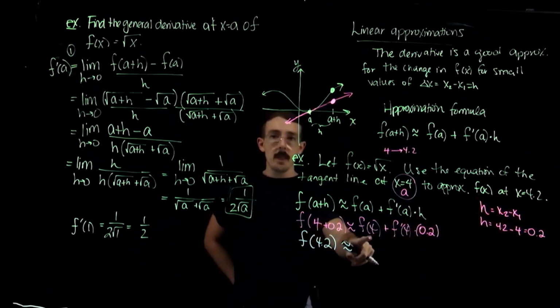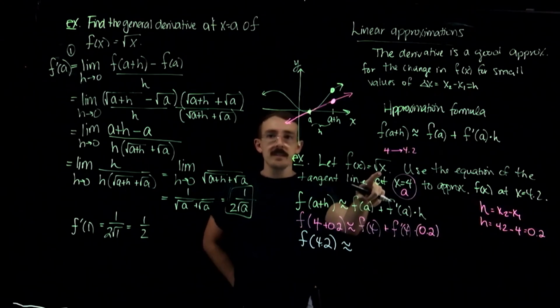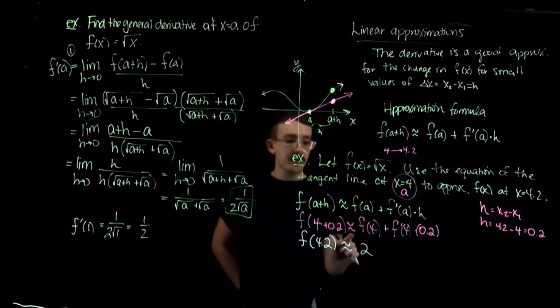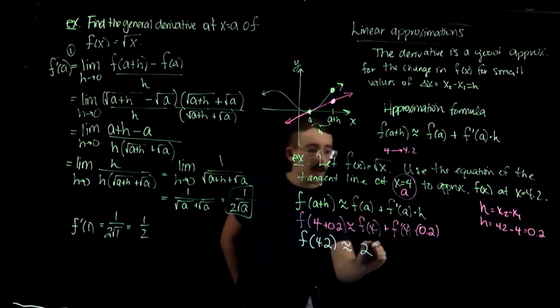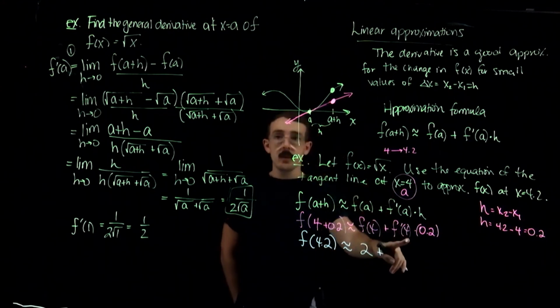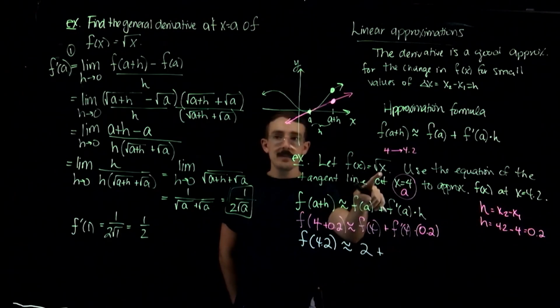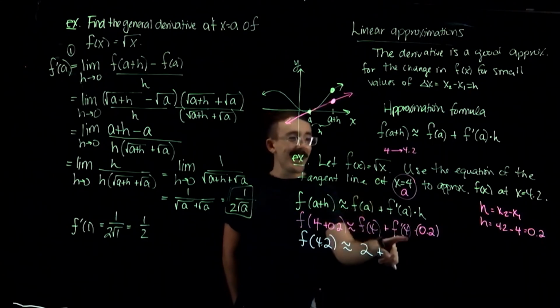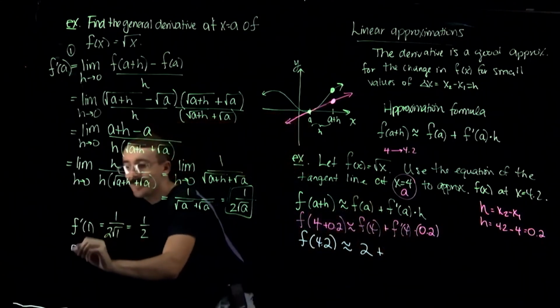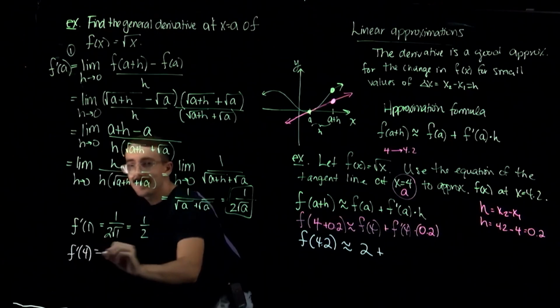What is f of 4? Well, the function they gave us is radical x. So I'm going to plug in 4, and I'll get 2. What is the derivative at 4? How would you know that? Is there something on the board, maybe in the last problem, that would tell you how to get that? You should jump over here and realize that we did this.